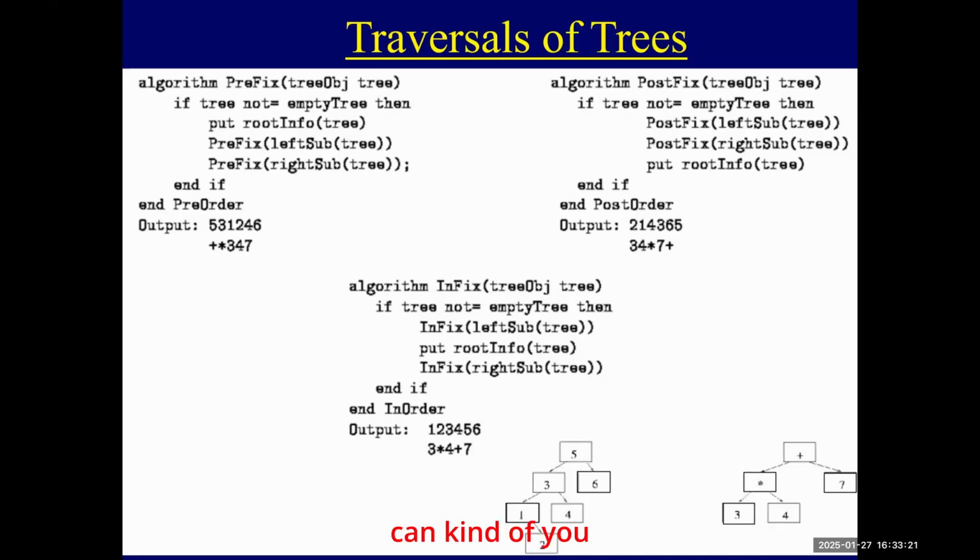So you can see these various trees, all right? If you look down at this tree here, this is pre, so we do the root first, 5. Then we do this guy's tree, so we do its root first, and then we do its root first.